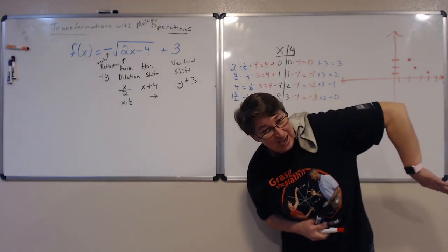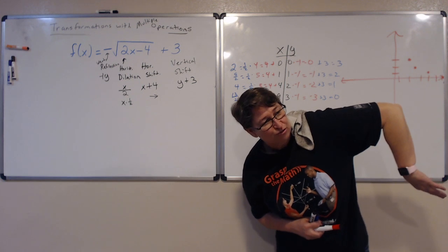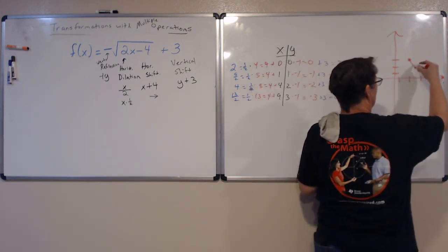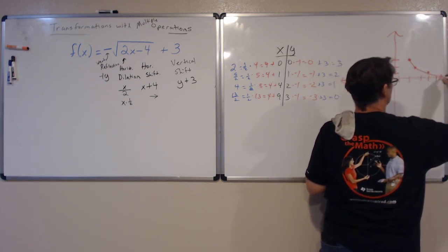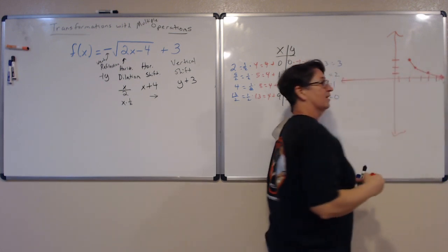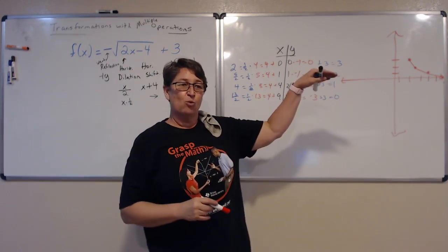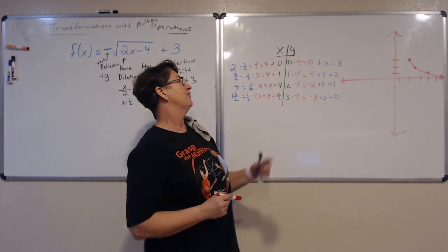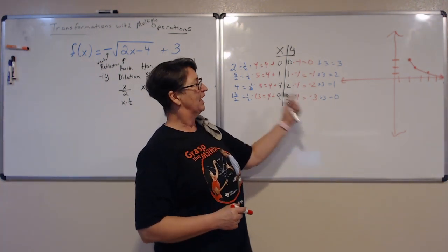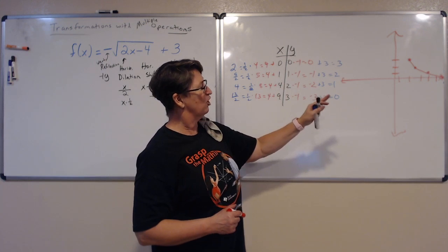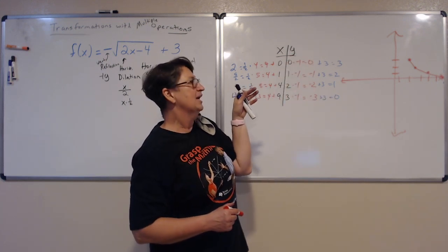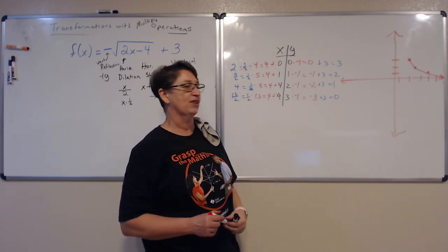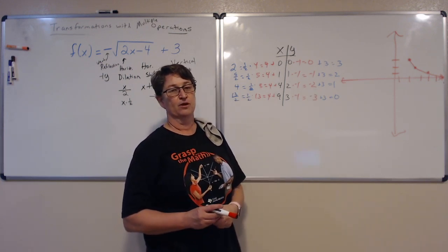So this is the shape. It took my spout and it did all those things to it. And there's that spout. So you kind of have to think about what that shape is. Picture what's happening with your shape. And then this just gives you the points. And did that happen? Sure enough, it moved over, moved up, it shrunk it, and then it flipped it over. So it did all those things that we thought it was going to do to that square root function.